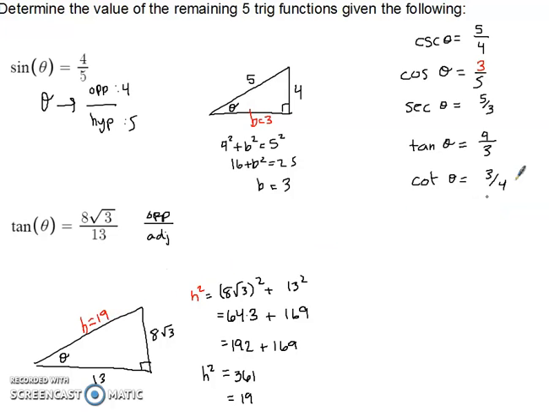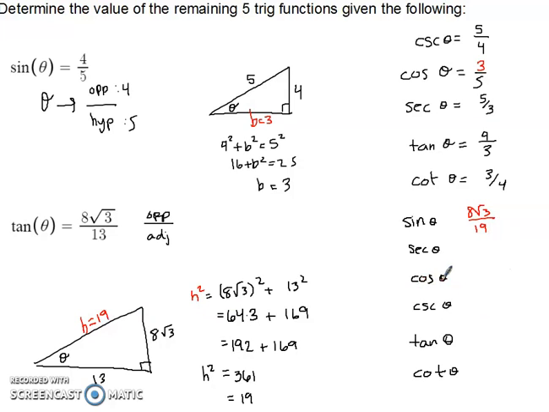So then I'm looking for the sine of theta, secant of theta, cosine of theta, cosecant of theta, tangent, which I already have, and cotangent of theta. Sine is the opposite leg, which is 8 square root of 3 over 19.